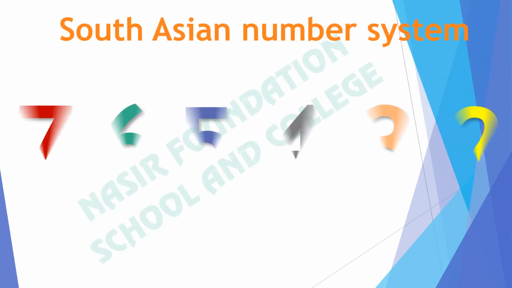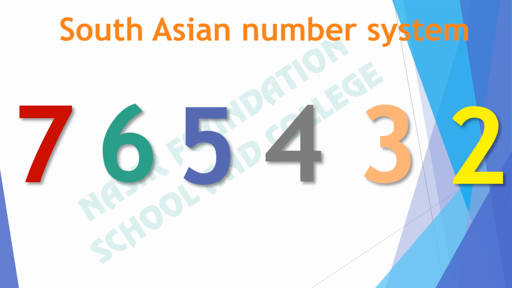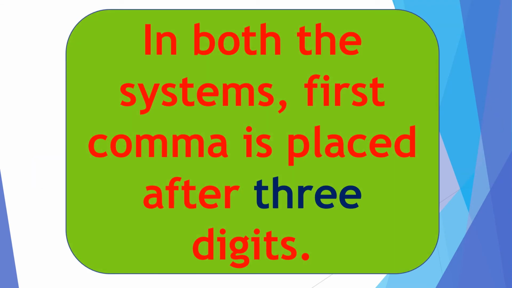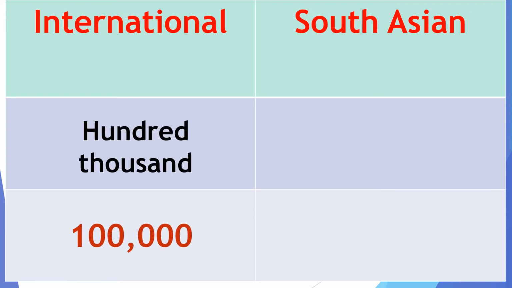South Asian number system. Here in this number, first comma is being placed after three digits and we will place the second comma after two digits. In both the systems, first comma is placed after three digits. Here in both the systems, we can see that the 6-digit number in international number system is called 100,000, and one comma is placed after three digits.